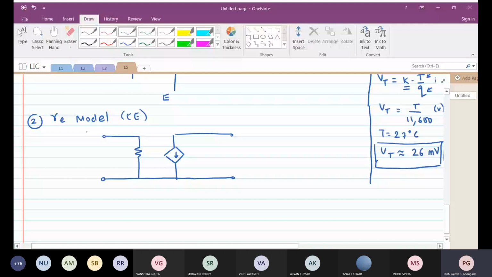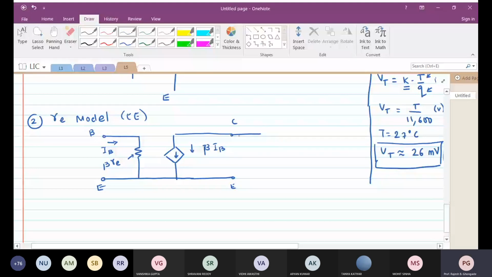This is going to be the collector. This is your IB. Now this thing is called beta into re. This is again beta into IB.